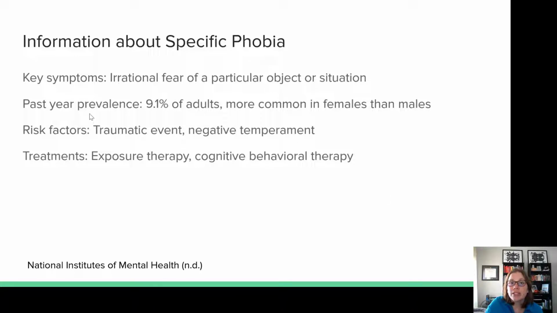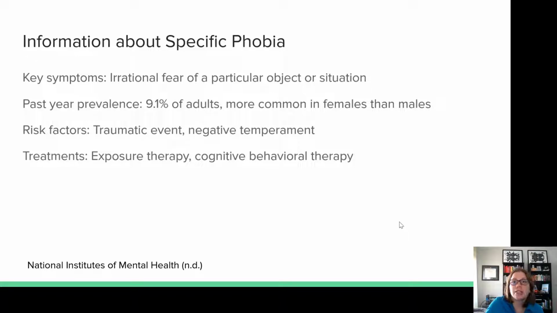This is relatively common. 9% of adults will have this within the last year. And it seems to be more common in females than males. Some things that can make you more likely to have specific phobia is some sort of traumatic event. So if that is being attacked by a dog, that might make you afraid of dogs.